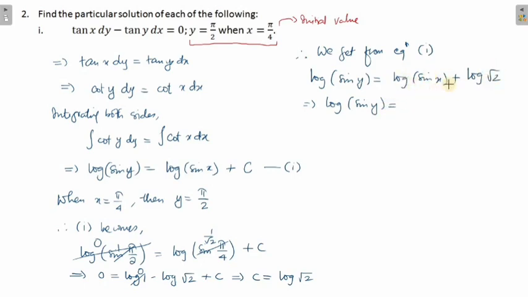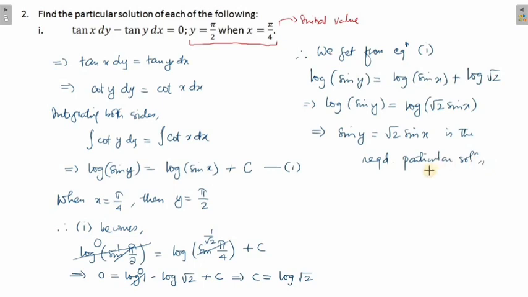Log a plus log b is log ab, so multiplying sin x and root 2, you get root 2 sin x. If you remove log from both sides, you get sin y equals root 2 sin x. So this is the required particular solution. This is how we need to solve this kind of sum.